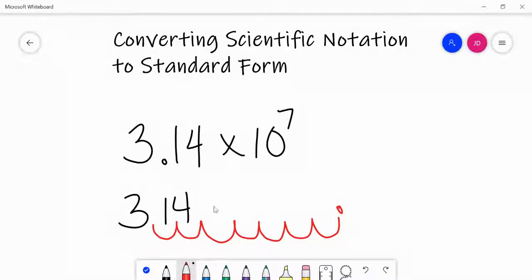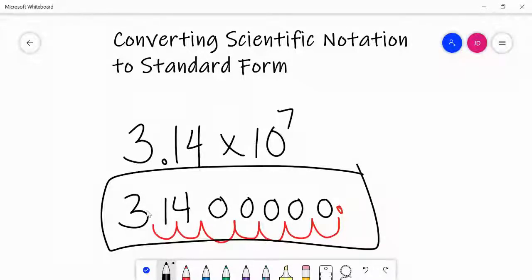Every hop that I went, I'm going to fill in with zeros. And there is my number in standard form, 314 and then 5 zeros. If you want to write in little commas to help you see, it's 31,400,000.